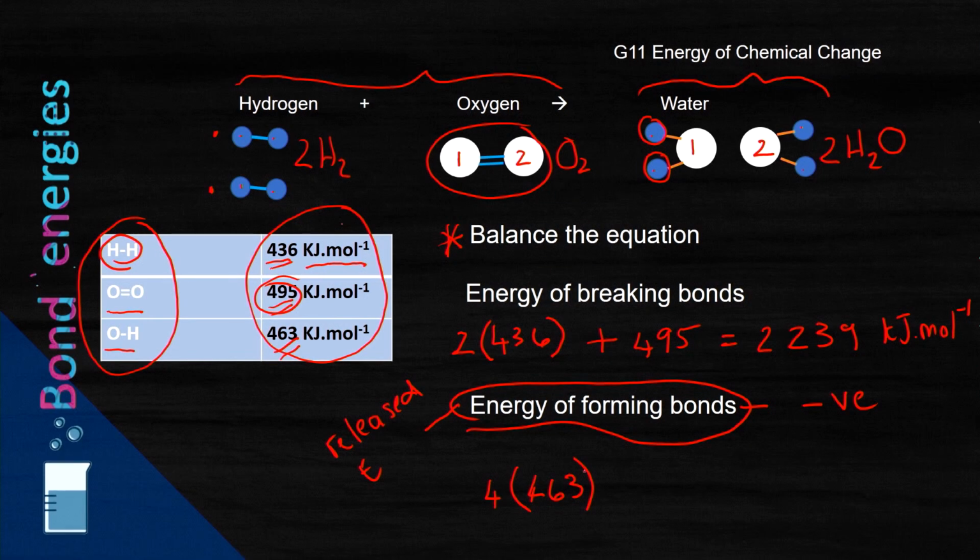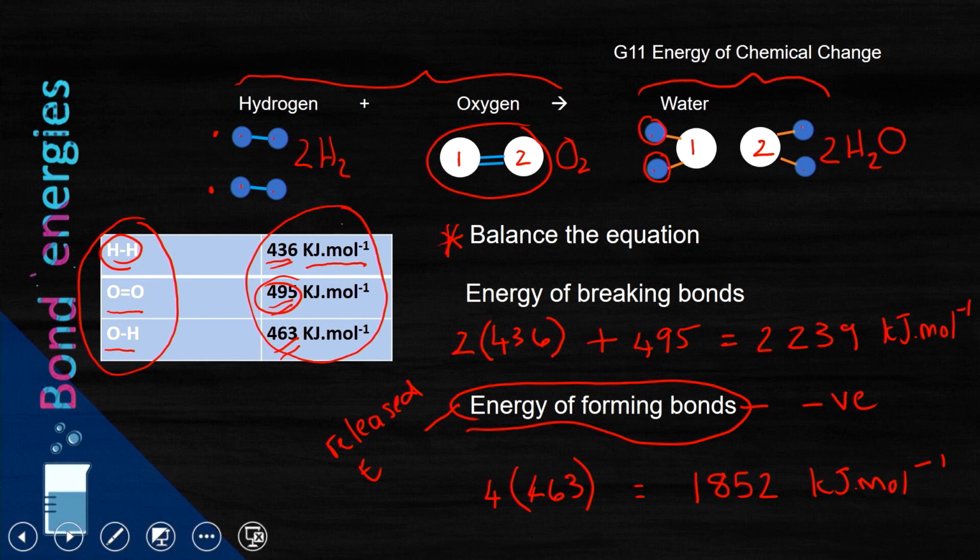So we're going to say 2 times 2, which is 4, and so our total amount of energy which is released is 1,852 kilojoules per mole. Right, so that is energy that is released when those bonds are being formed.